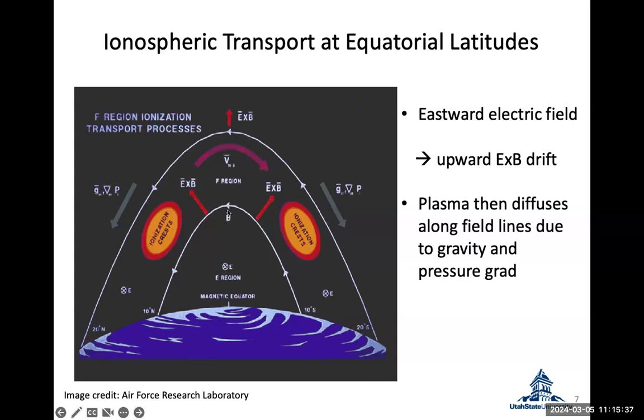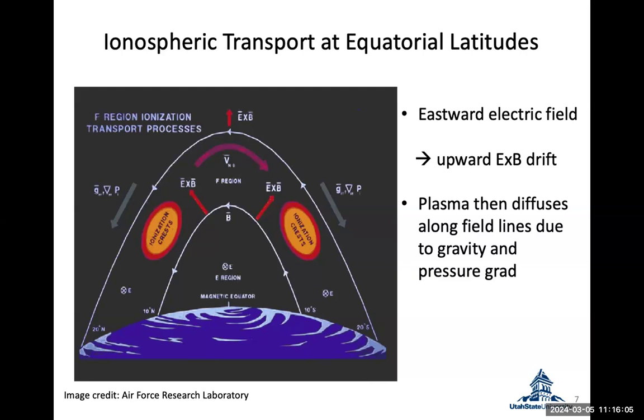And if there is an electric field, that electric field can come from various sources. It could come from the magnetosphere, a penetration electric field, for example, or it could be due to dynamo action with the neutrals. So no matter where it comes from, it has an effect on the ionization, as the ionization reacts in the way of an E cross B drift.